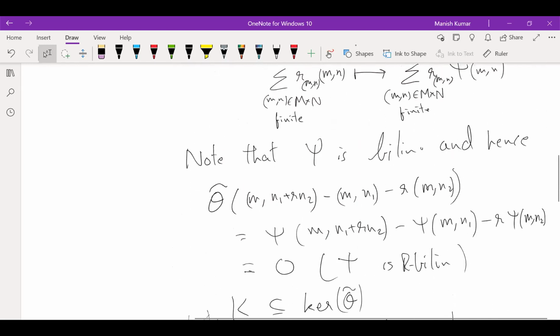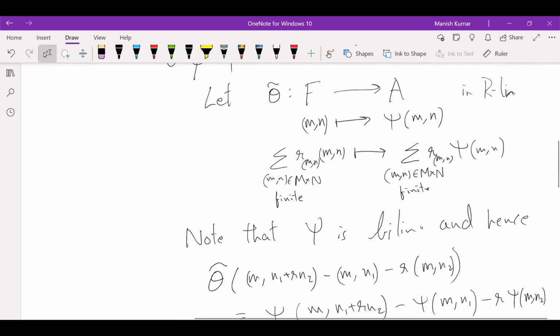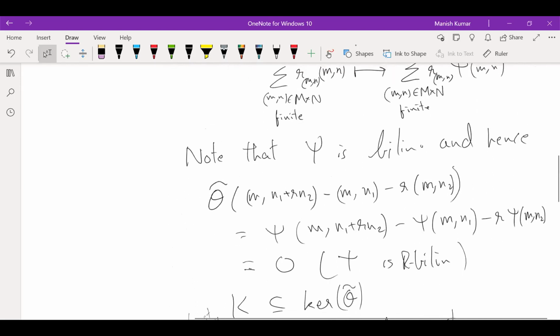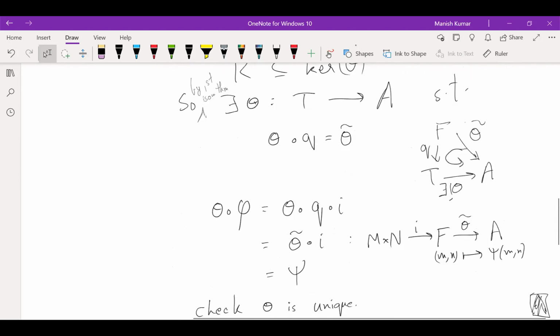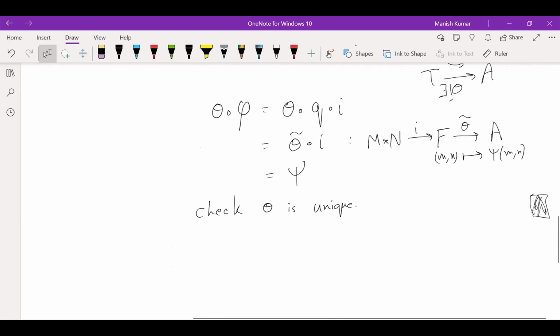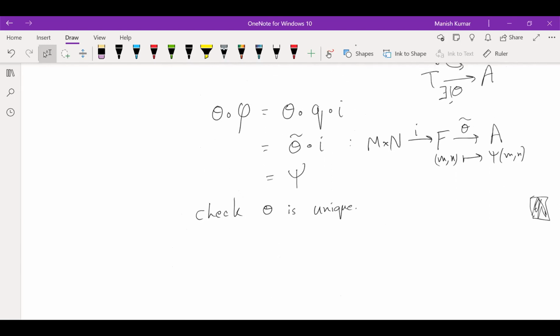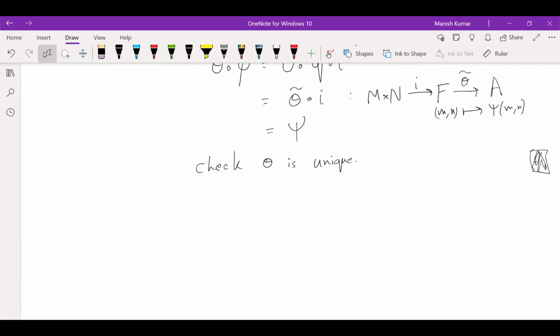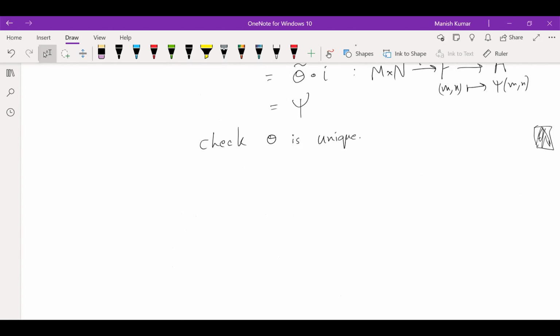Because it's defined using C in some sense, you just have to check. If you have another theta prime from T to A which makes this diagram commute. Maybe since this is the first class, I should check here.